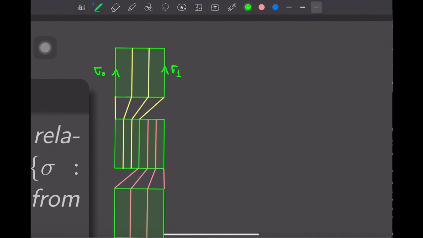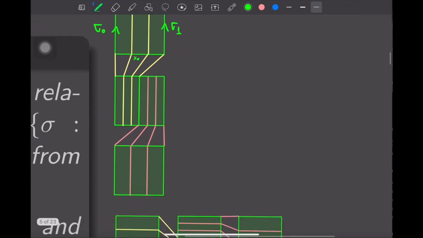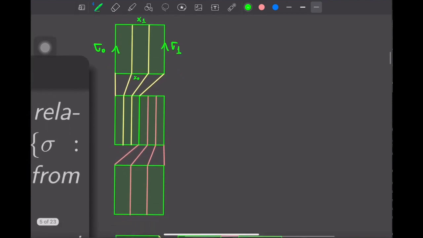So this I indicate, let's say here, x1 and x0. And let's say that I also have a homotopy relative to endpoints between sigma 1 and, let's say, sigma 2.